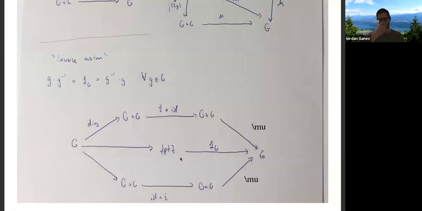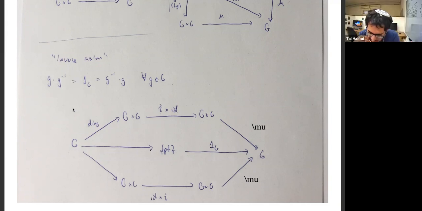As I said before, there's a unique map to a point, and then we do the identity map here. If you think through this, you'll see that the commutativity of this top diagram and this bottom diagram are both equivalent to this equality for the top diagram and this equality for the bottom diagram.